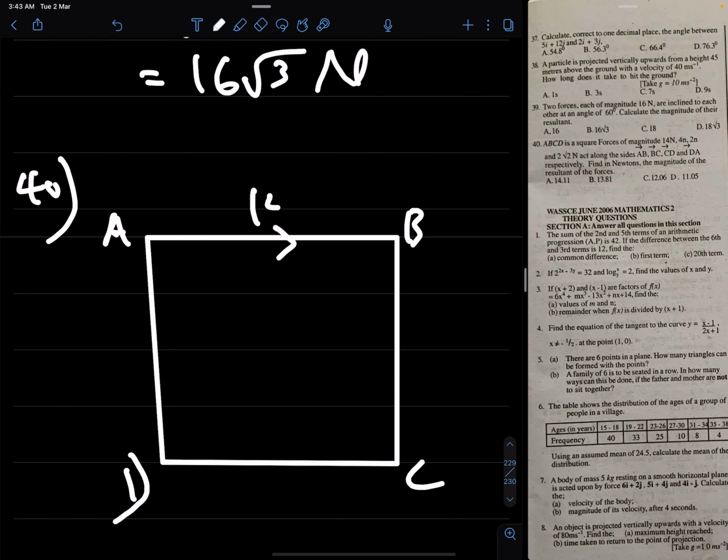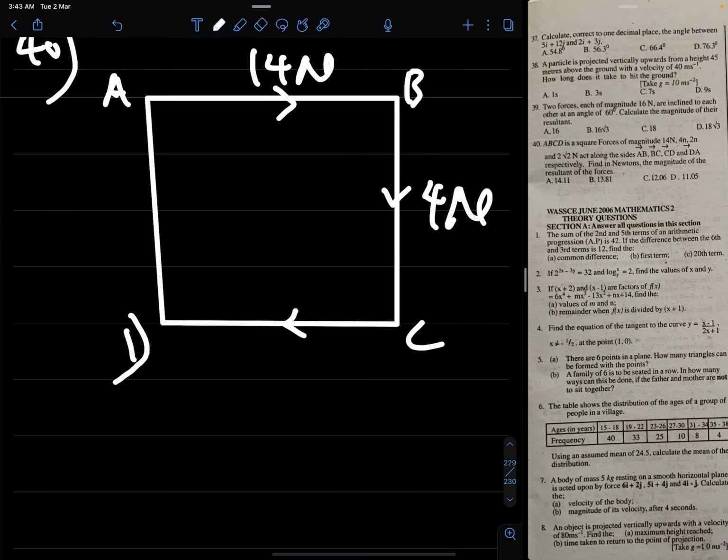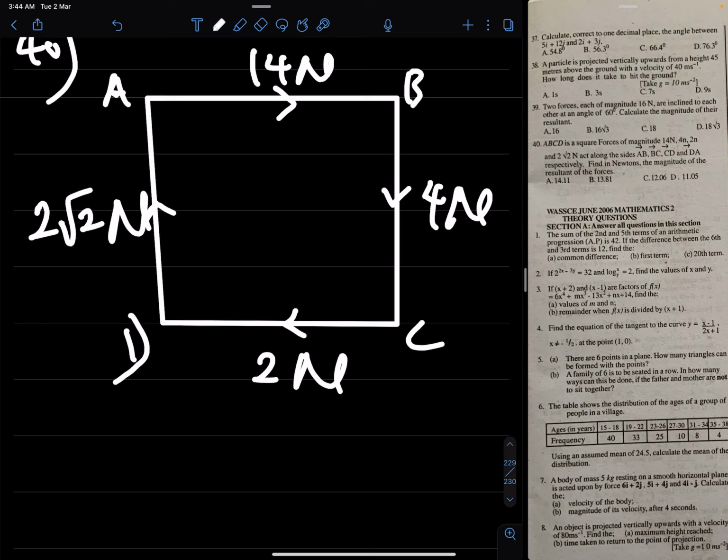AB is 14 newtons, BC is 4 newtons, CD is 2 newtons, the small n is supposed to be capital for newtons, and DA is 2 root 2 newtons.